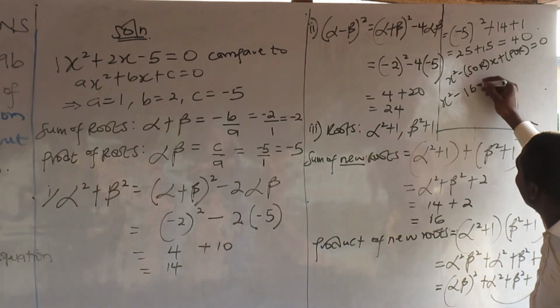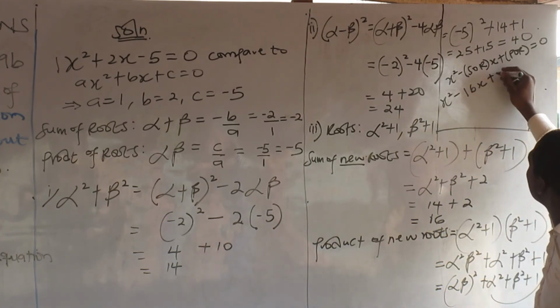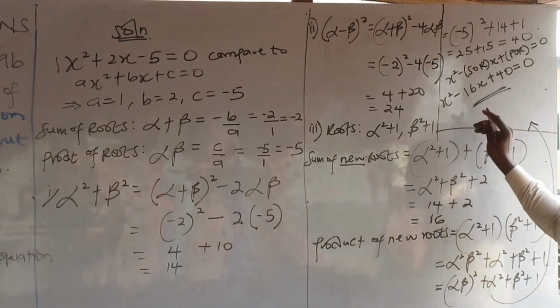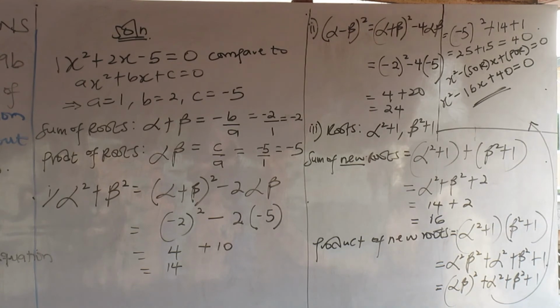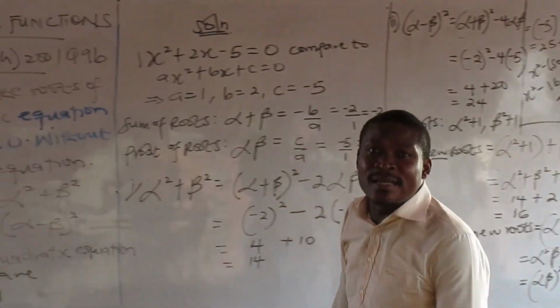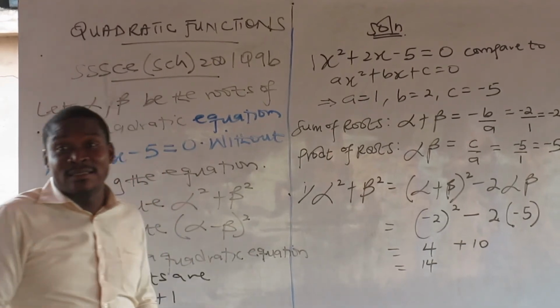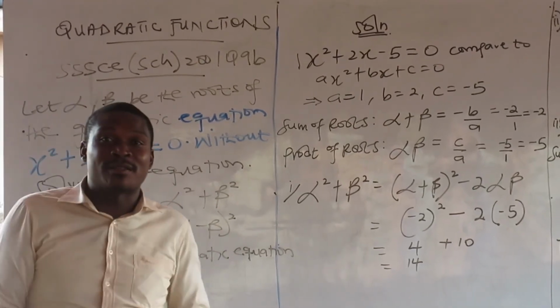That is 16 with an x. Product of roots, 40, equals what? 0. Good. That is the question. So you should understand when we use new roots. But there are some old roots there, right? Okay. Now that is the end of the topic called quadratic functions in further mathematics, right?